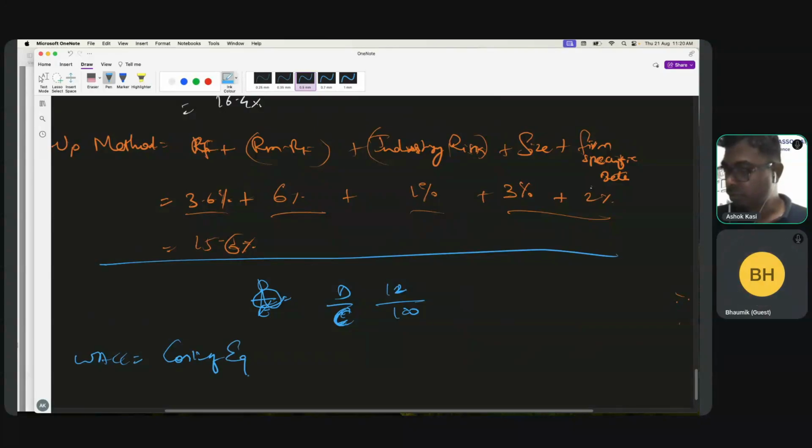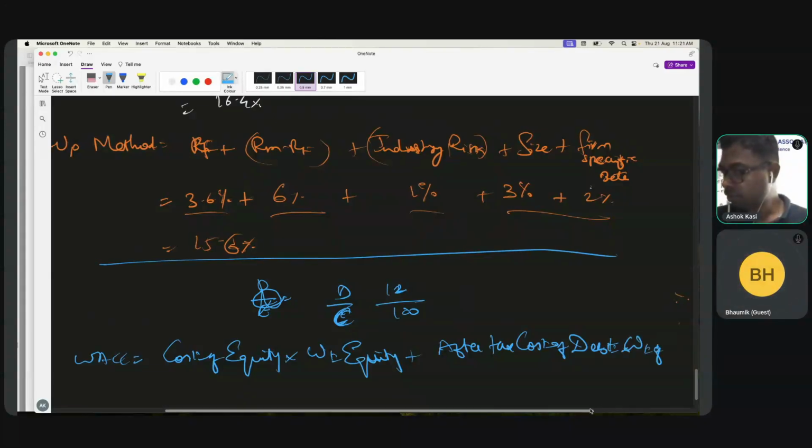cost of equity times weight of equity plus after-tax cost of debt times weight of debt.